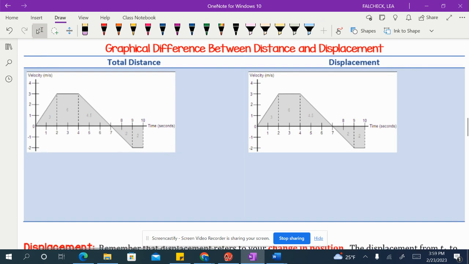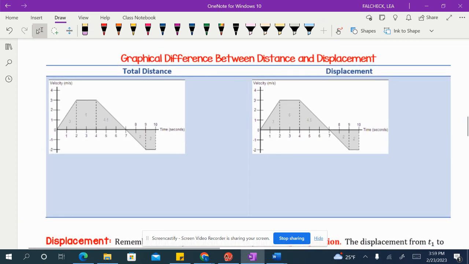Let's talk about the graphical difference between distance and displacement, okay? So when we're given a graph and we're trying to find the total distance, between here and here, right, this is going to be time 0, time 1, and time 2.